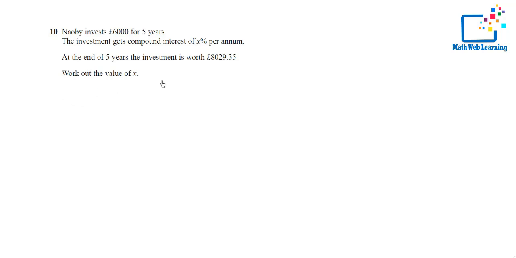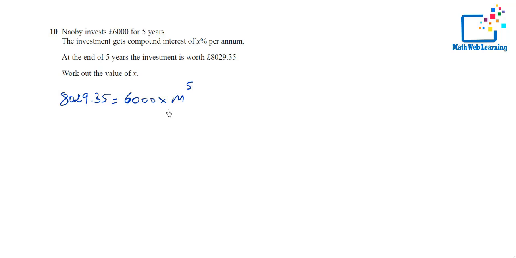The formula for calculating the investment is, let's write it down: 8,029.35 is calculated by multiplying the investment, 6,000, by the multiplier to the power of 5.